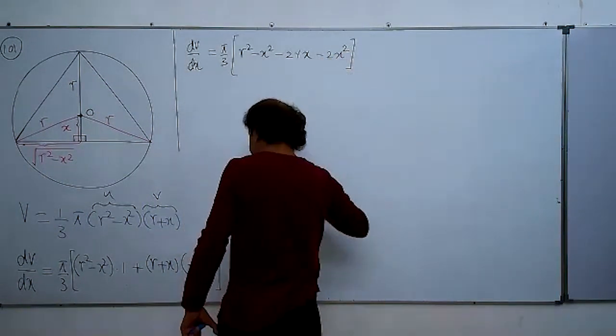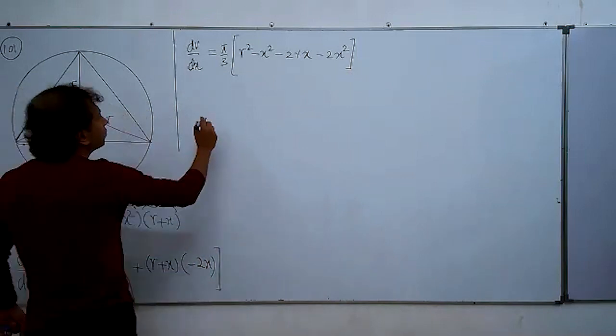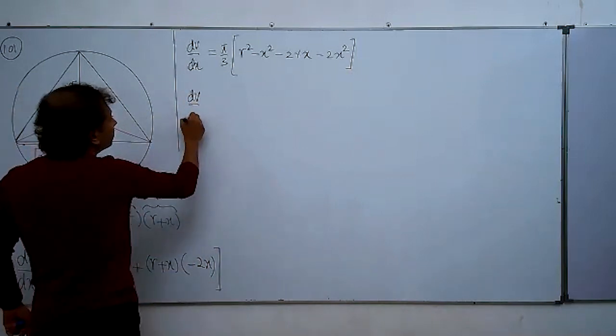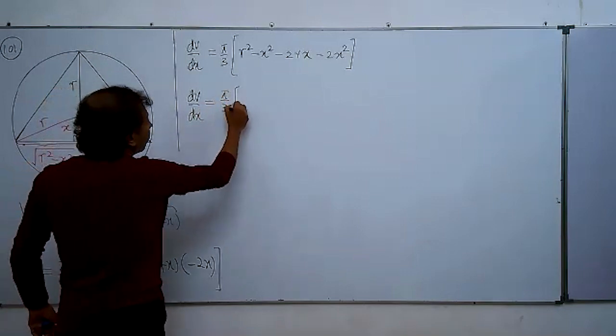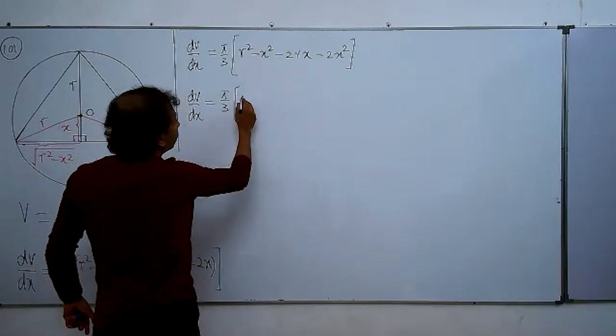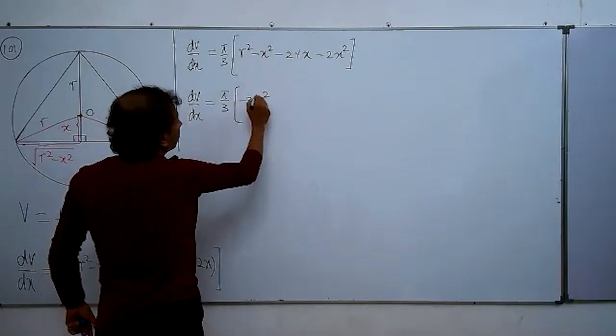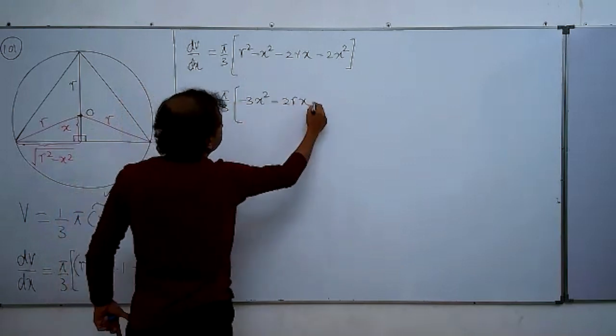We get dV by dx equals pi by 3, minus x squared and minus 2x squared is minus 3x squared, minus 2rx plus r squared.